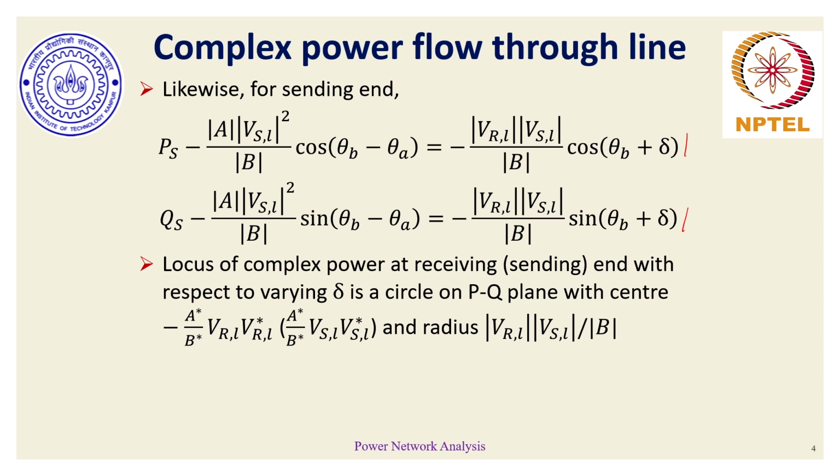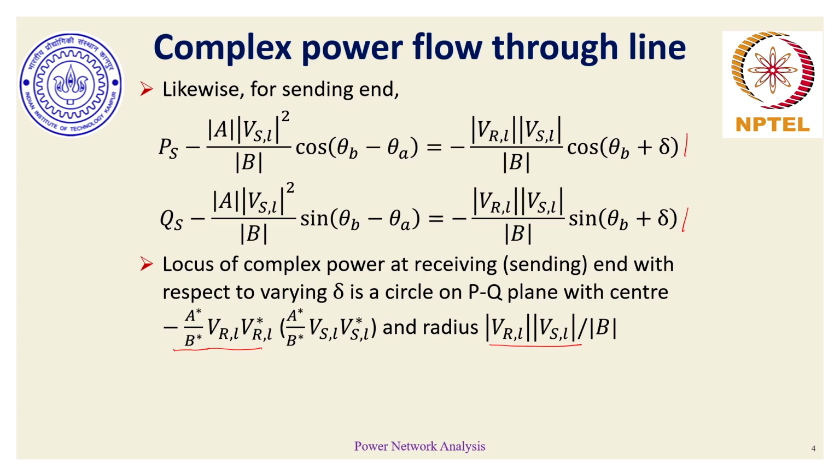If we plot these expressions on a complex PQ plane, with active power P on the x-axis and reactive power Q on the y-axis, they represent circles for different values of delta. The points may be different on different circles, but the circle is a perfect circle with center at minus A conjugate by B conjugate times VRL squared, and radius VRL VSL by B. VRL and VSL refer to the line to line receiving and sending end voltages, and a similar expression exists for the sending end.